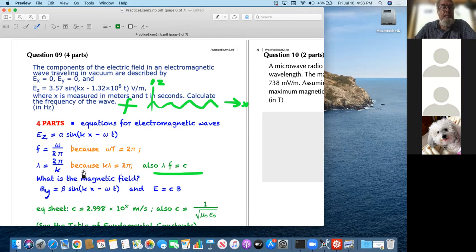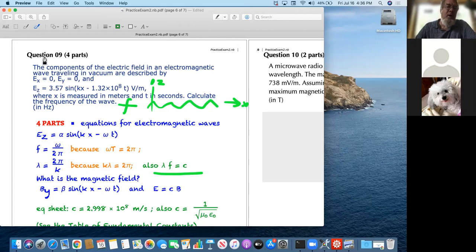Now, this equation would solve the first question, but there are actually 4 questions. I mean, it's one question, 9, but there are 4 parts. So it might ask, what's the magnetic field? Well, there you have to remember, in a different color, the magnetic field oscillates perpendicular to the electric field.